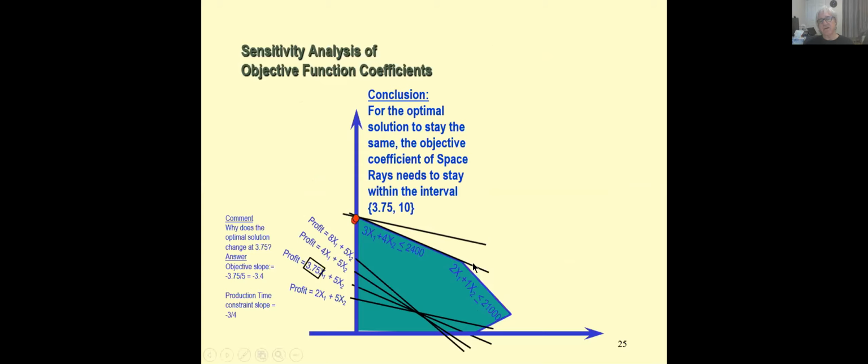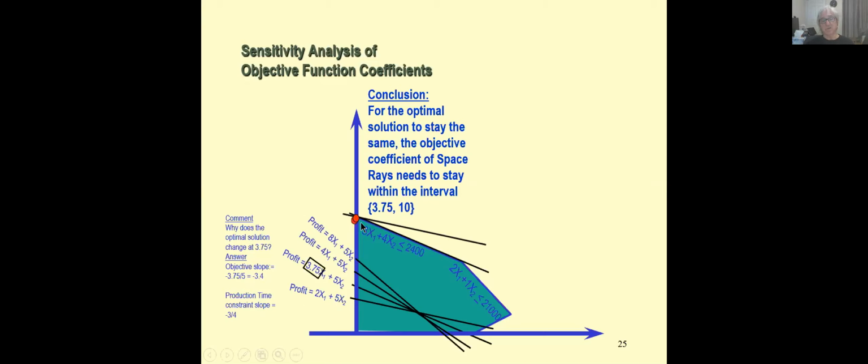This is the dark line, and it is coinciding with the constraint. So they are parallel. So the two slopes are equal. Well, the slope of the objective function at this point is negative 3.75 over 5, which is negative 3 over 4. Oh, 3 over 4, 0.75.